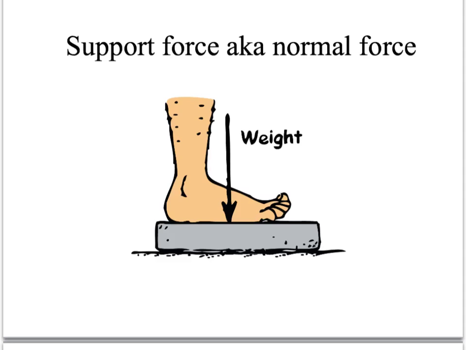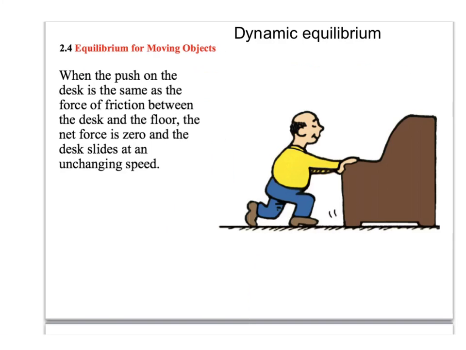That force is called the support force or the normal force. Depending on where you're reading it, either one of those words could be used. So if there is a weight, like is drawn here, pushing down with a certain amount of force, there is an equal and opposite force called the support force pushing back. Support force, normal force, same thing. They both oppose the force that an object is applying to something if that object is not going anywhere.